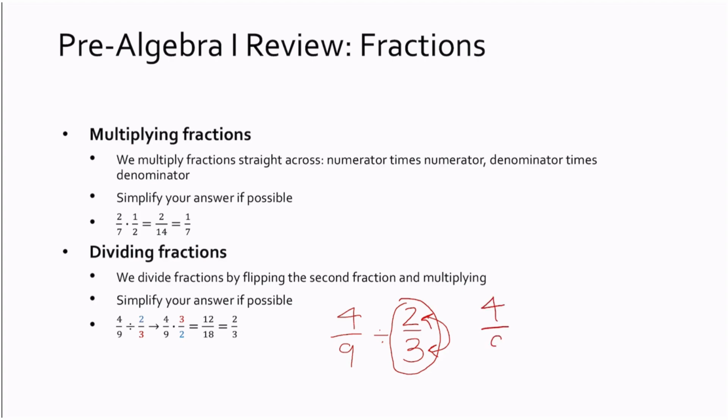So I have 4/9 times 3/2. So see, the only thing that's changed is I flipped that last piece. And then I multiply straight across. 4 times 3 is 12. 9 times 2 is 18. And I can simplify from there. 6 goes into both of these numbers. So I can divide by 6 on both sides. And I get 2/3.